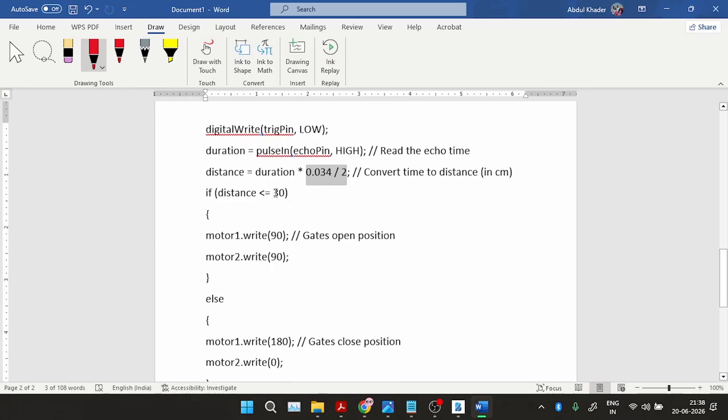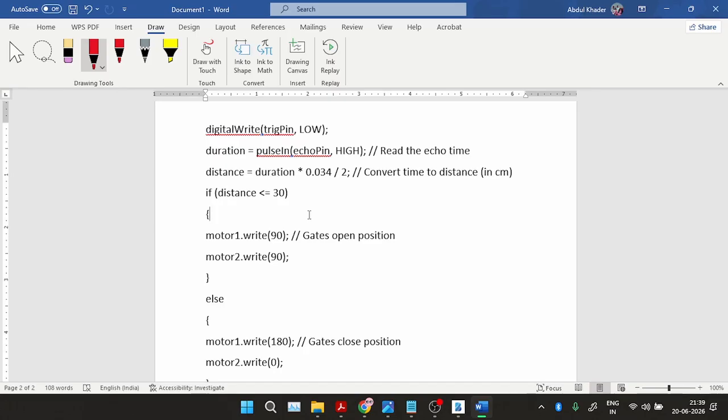Then I'm keeping a condition. If the distance is less than 30 centimeters, that means the object is much closer than 30 centimeters to the ultrasonic sensor, the gates come to the open position. Open position in the sense the motor is going to open. Think from the view of the motor. Open means the gates are going to get closed if you see in the real world.